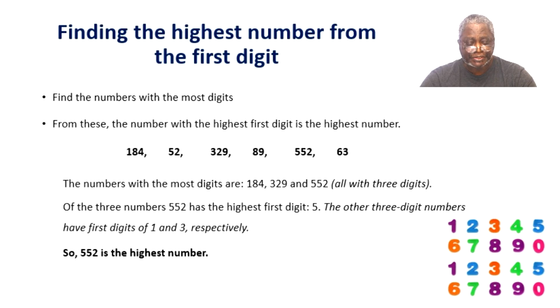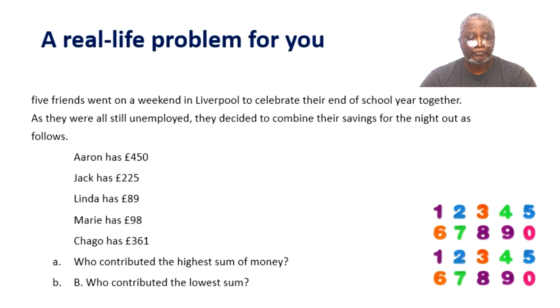Of the 3 numbers, 552 has the highest first digit, which is 5. The other 3-digit numbers have first digits of 1 and 3 respectively. So 552 is the highest number among that lot.